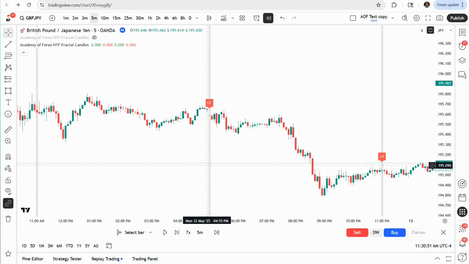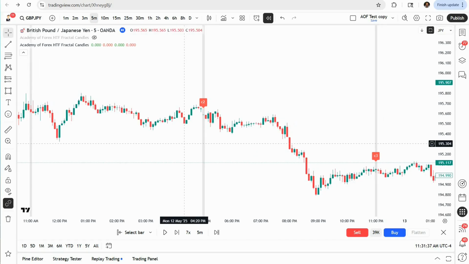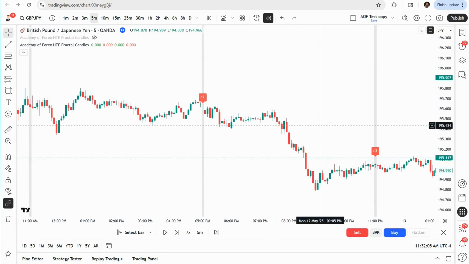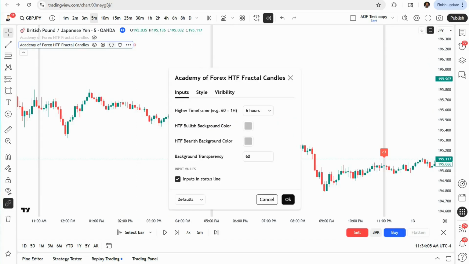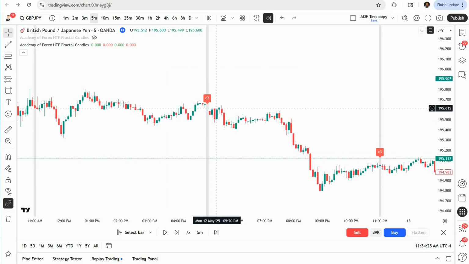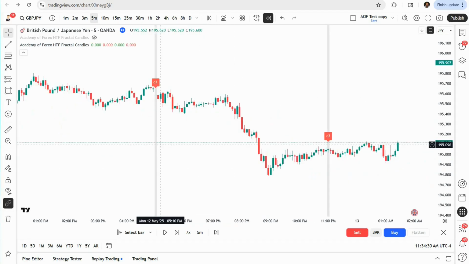If you have not already seen it, I'd like to introduce you to the newest indicator here at the Academy of Forex. It's a very simple but very powerful indicator. What it does is it helps to predict or anticipate what future price might be doing within a specific future time frame. To do this, we are aligning a higher time frame and specific candle formations, which make up the red and green tags as well as the blocked out period of time in between these two gray lines.